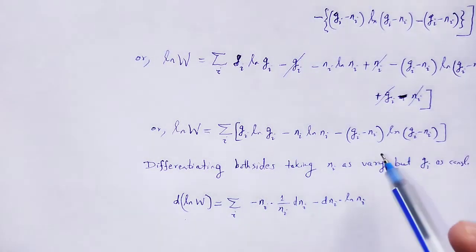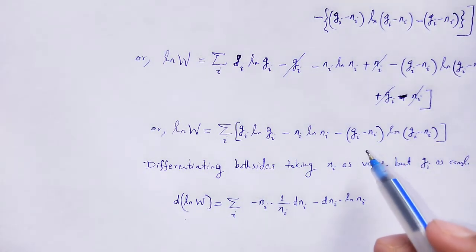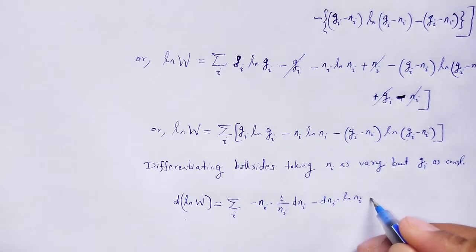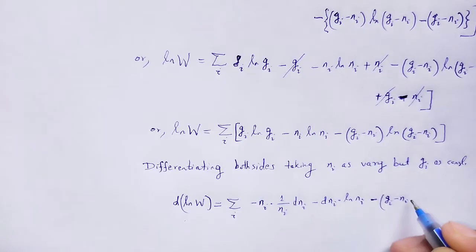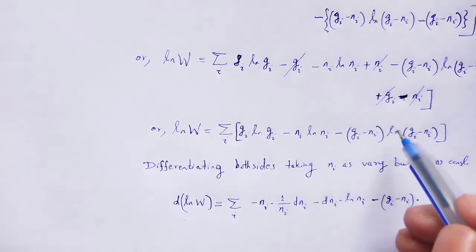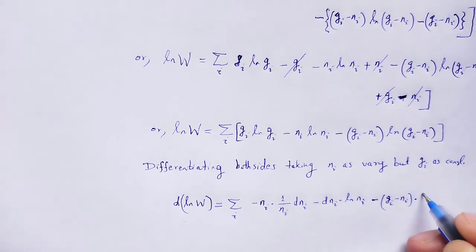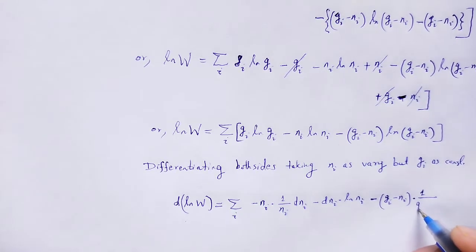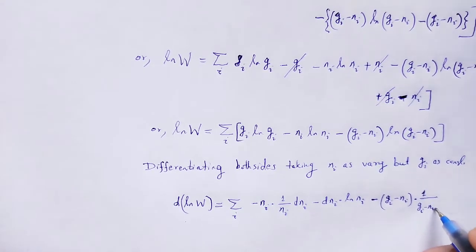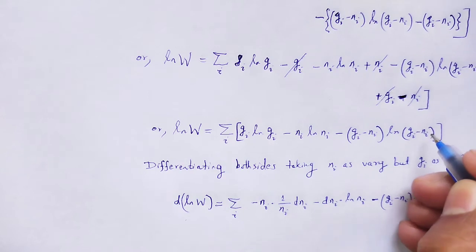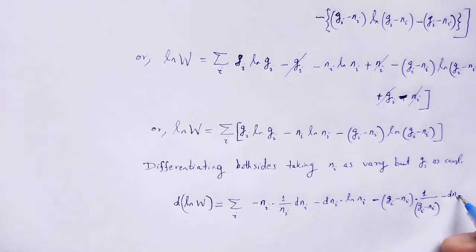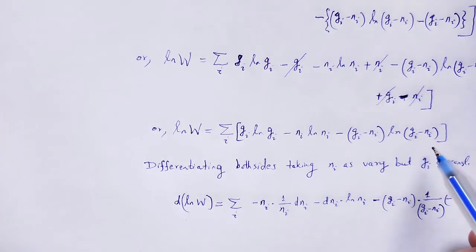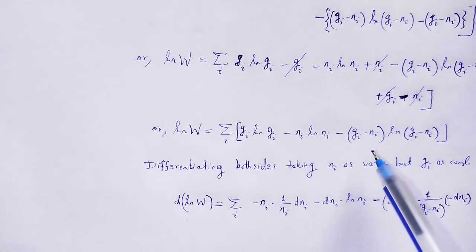Next term, minus (Gi minus Ni) ln (Gi minus Ni). Differentiating that term gives 1 divided by (Gi minus Ni), again differentiating, minus dNi.